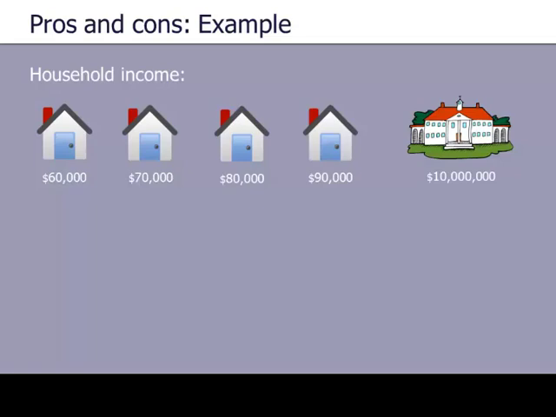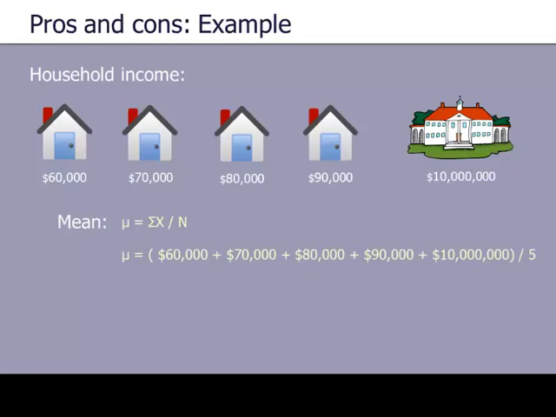Remember that the mean is equal to the sum of incomes divided by the number of incomes. So we can compute the mean as 60,000 plus 70,000 plus 80,000 plus 90,000 plus 10 million, all divided by 5, which equals 2,060,000.